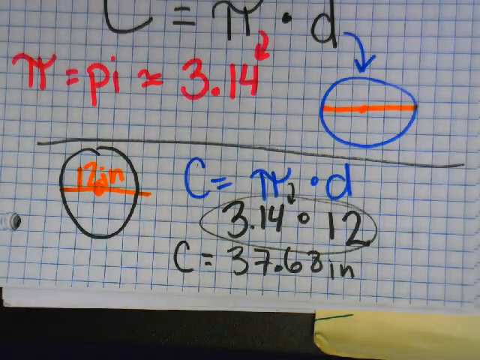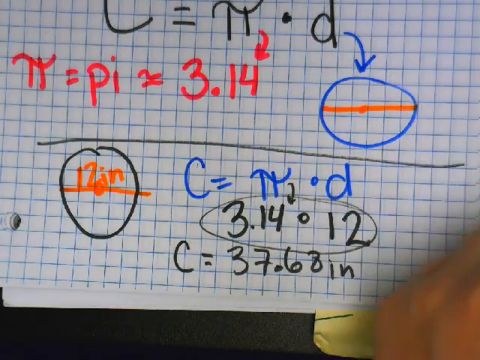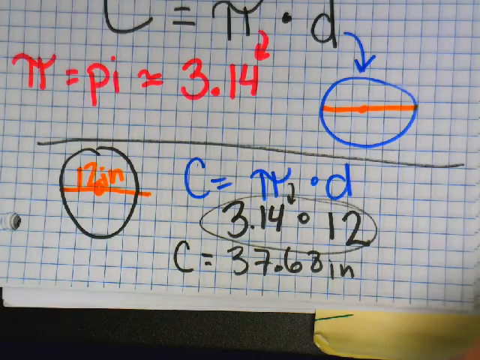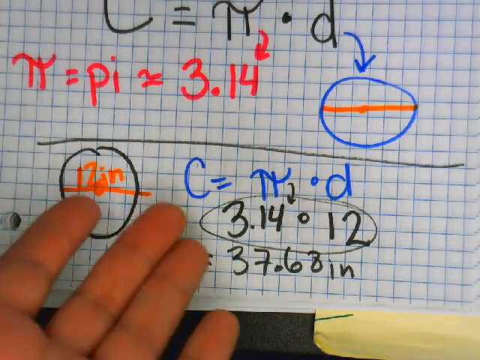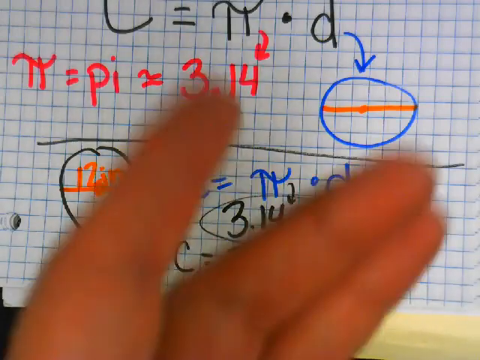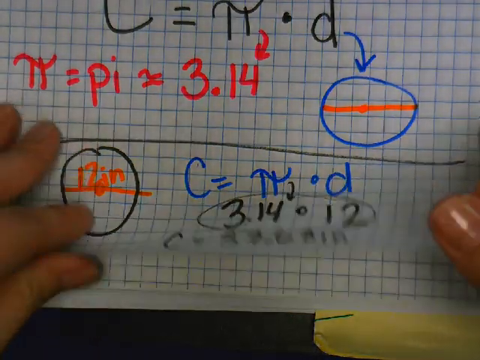Usually for perimeter you add, but there's no sides to add, so we're a little different. All right, let's try another one.